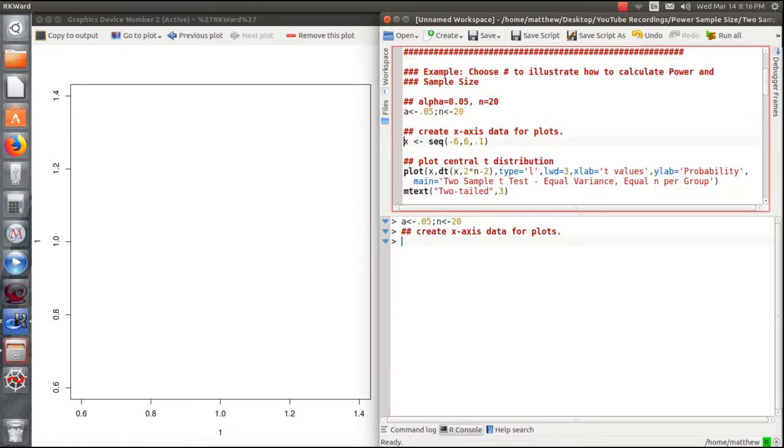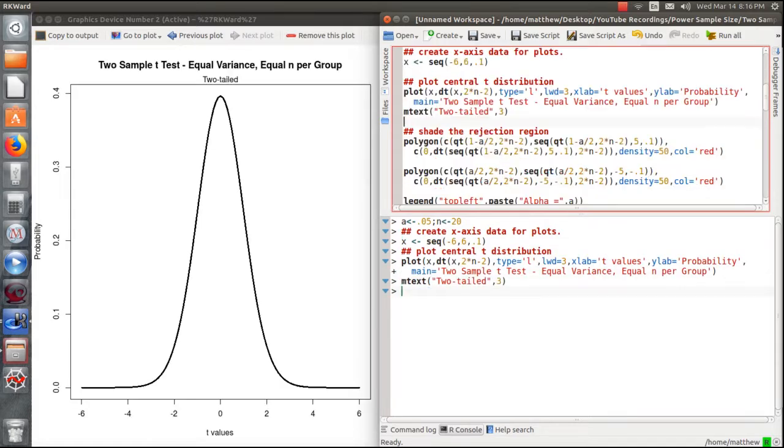We're going to create some X data to plot, and then we're going to plot the t-test. So over here is the two sample t-test, equal variance, equal n, two-tailed. We need to set up critical regions here such that this area in the tail is alpha over 2 and this area is alpha over 2, since it's a two-tailed test.